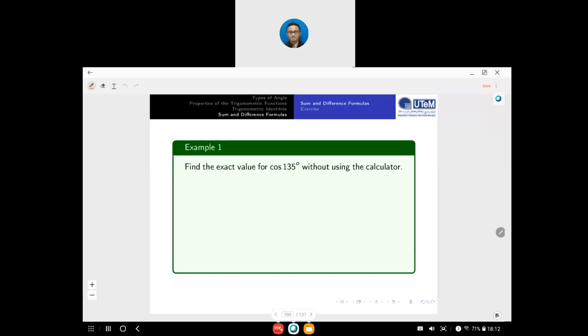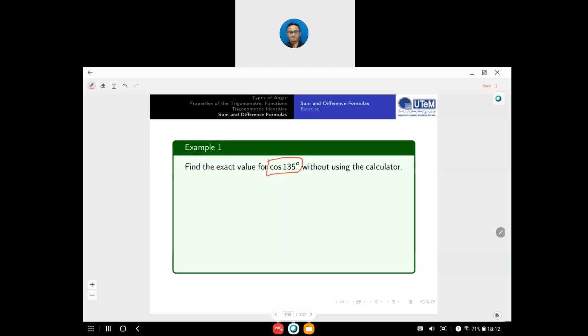Okay, look at the example. Find the exact value for cos 135 degree without using calculator. Okay, kita tahu cos 135 degree without using calculator.